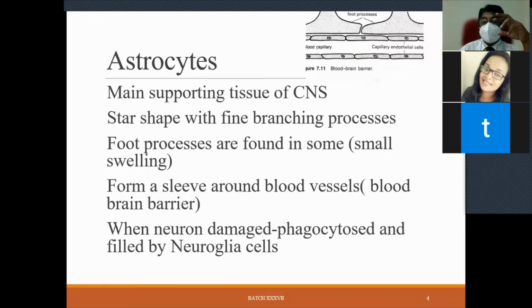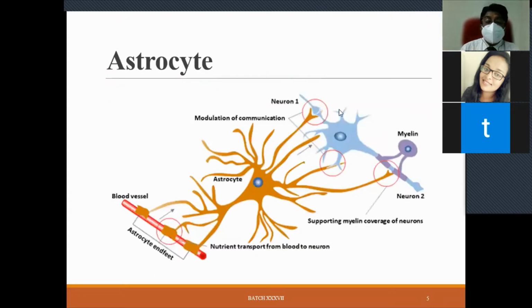In such a case, those damaged neurons will be phagocytosed, that is, cut into pieces and absorbed by the neuroglial cells, and then the gap created from the damaged neurons will be filled with these neuroglial cells. In this diagram you can see how it happens.